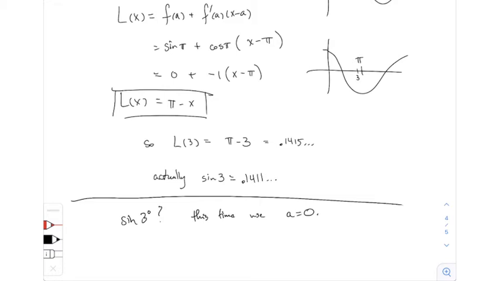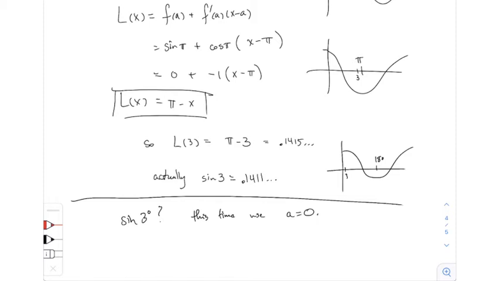Whereas on the corresponding graph using degrees, this would be 180, and 3 degrees is way over here, right? So you want to choose a nearby value in each case. In the first problem, using radians, 3 is very close to pi. Using degrees, though, 3 is close to 0.